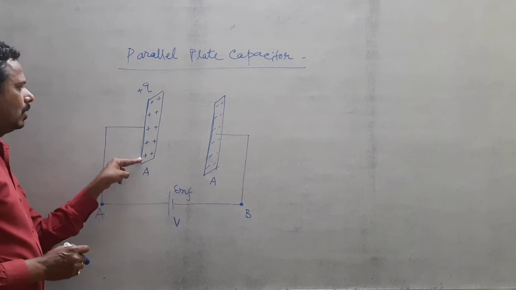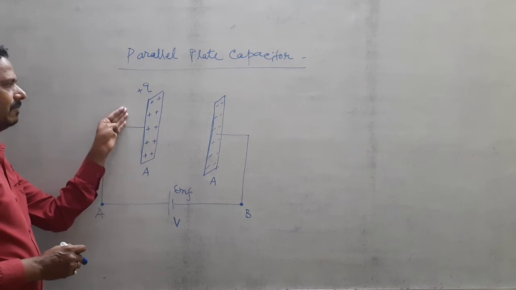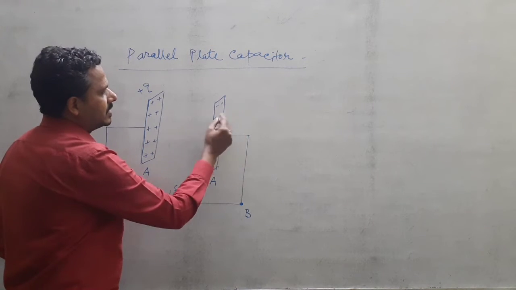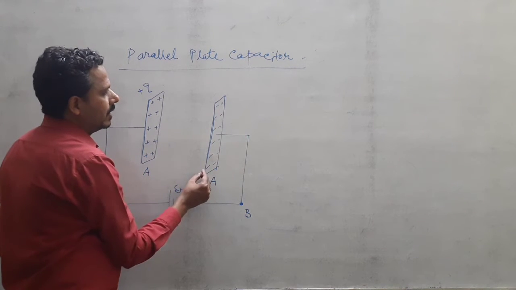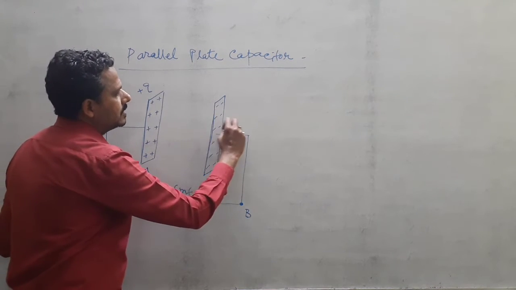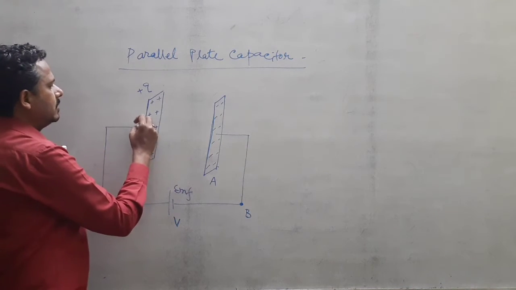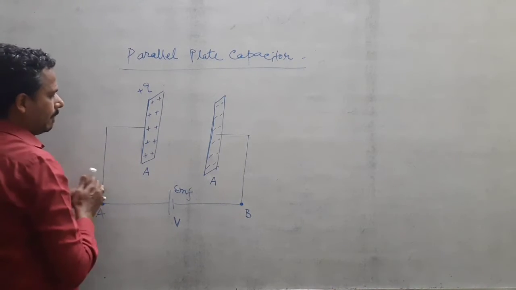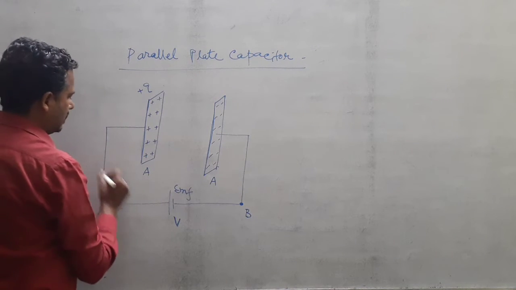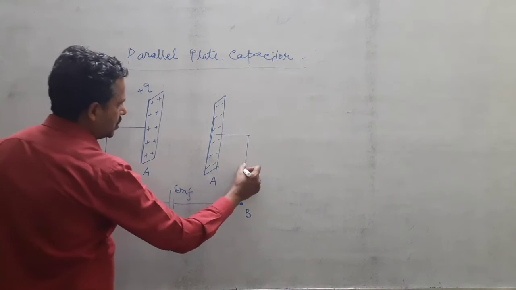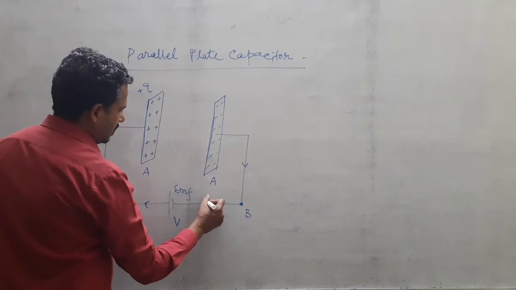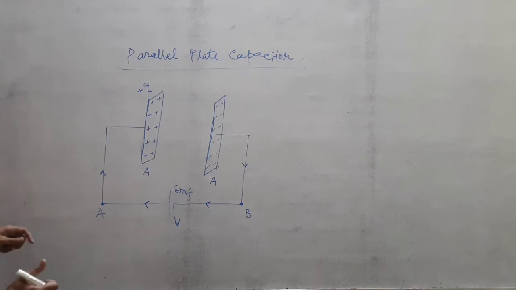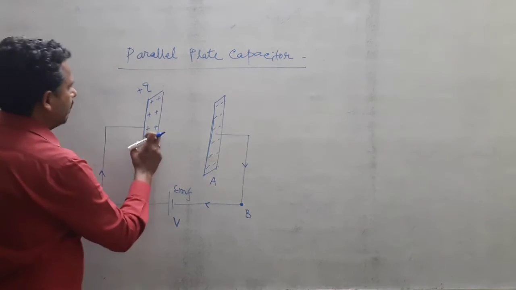So this charge will not appear on its left face. Similarly, on its right face, this negative charge will not appear because it is condensed in this wire. Like that, this positive charge will be condensed in this wire. This is the direction of conventional current.